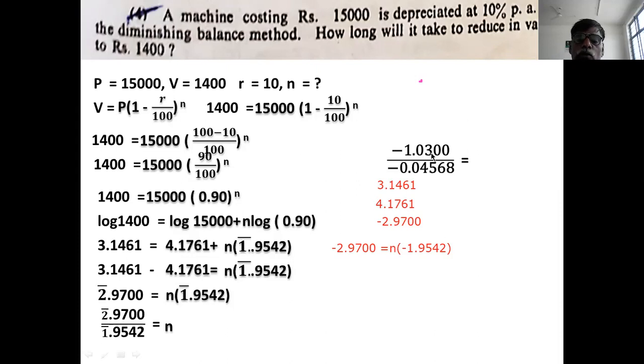its answer is minus 1.0300, and next is minus 1.